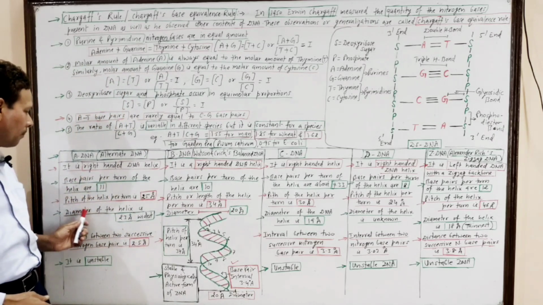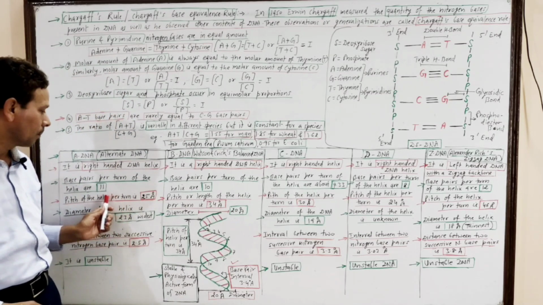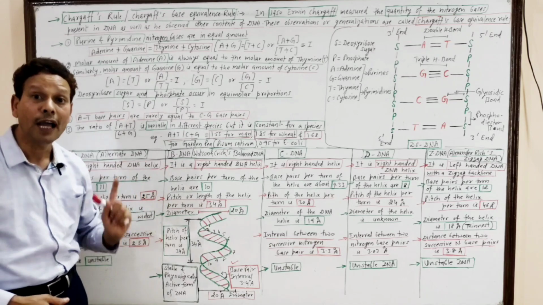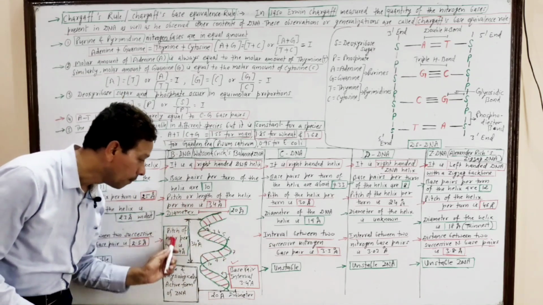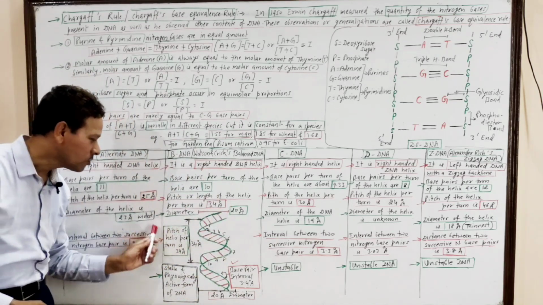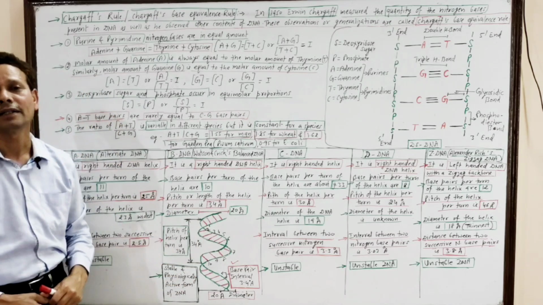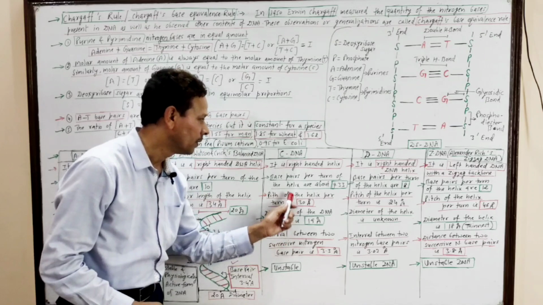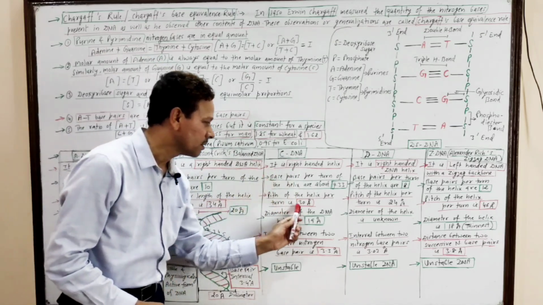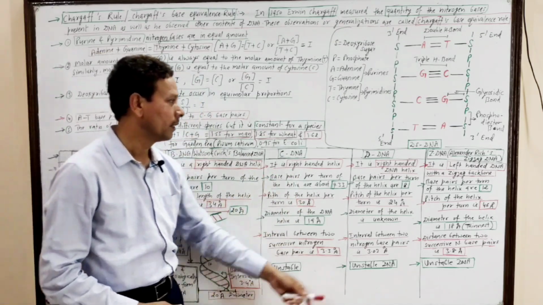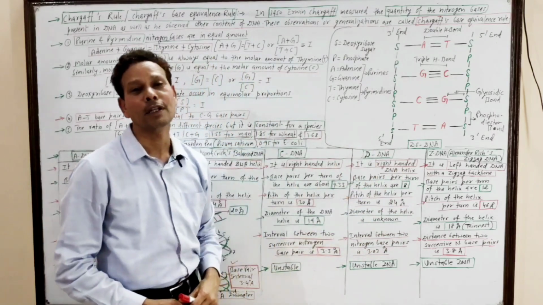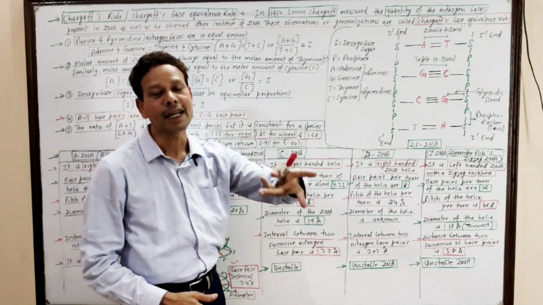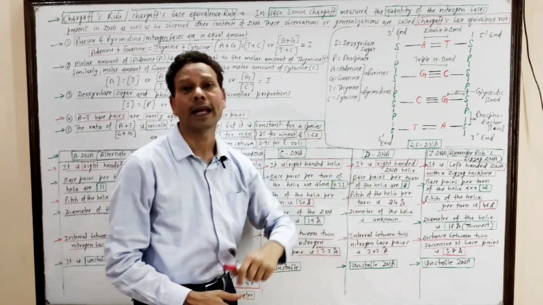Next point, the pitch of the helix per turn. In A DNA it is 25 angstrom. In B DNA, the pitch of the helix per turn is 34 angstrom. In C DNA, the pitch is 30 angstrom. In D DNA, the pitch of the helix is 24 angstrom.